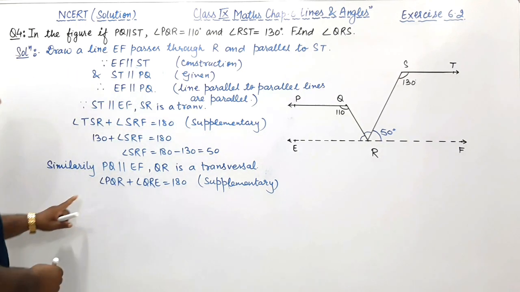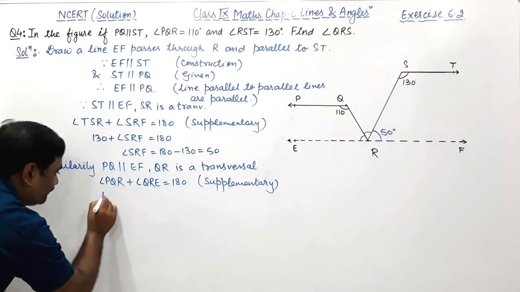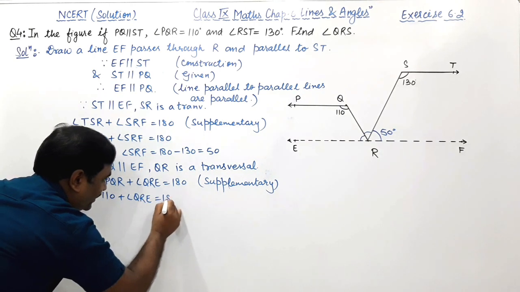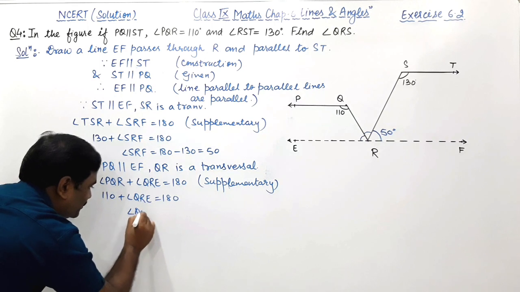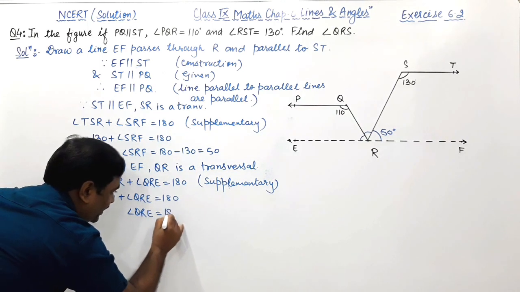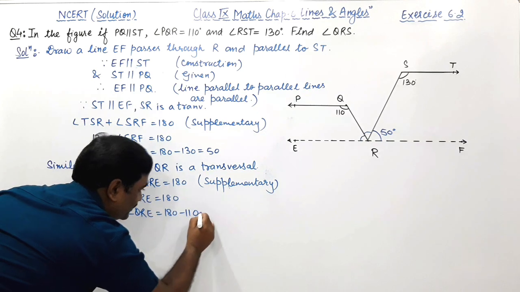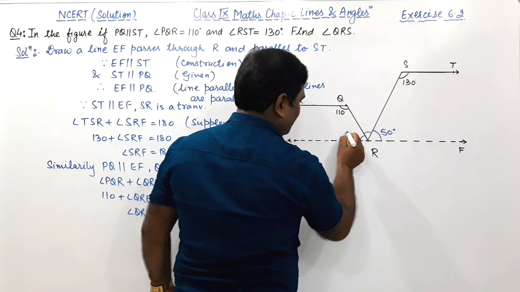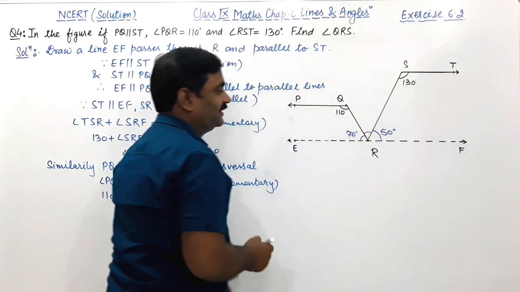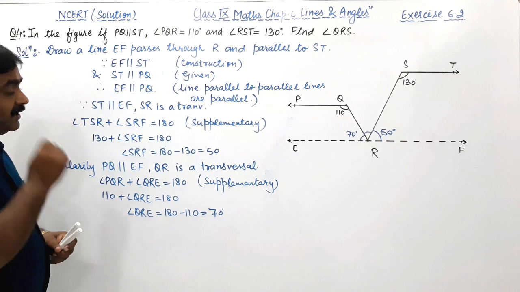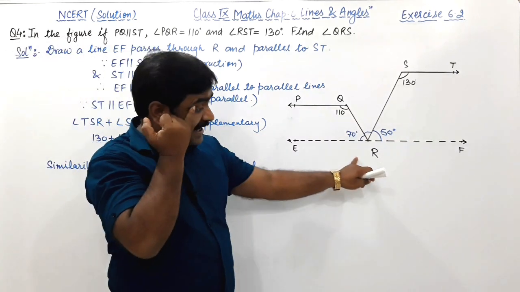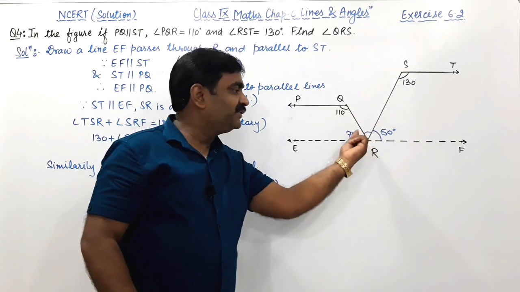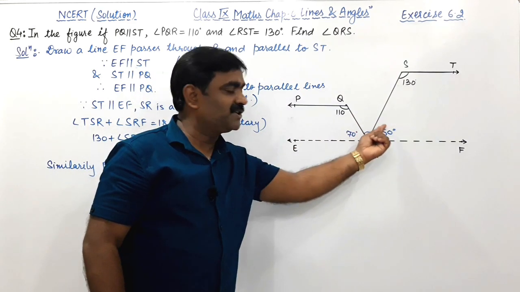Right friends, now PQR is 110 degrees plus angle QRE equals 180. Therefore angle QRE equals 180 minus 110. So we will get the measure of this angle as 70 degrees. Now just see friends, at the point R, just above this line EF you are getting three angles: 70, this one, and 50.